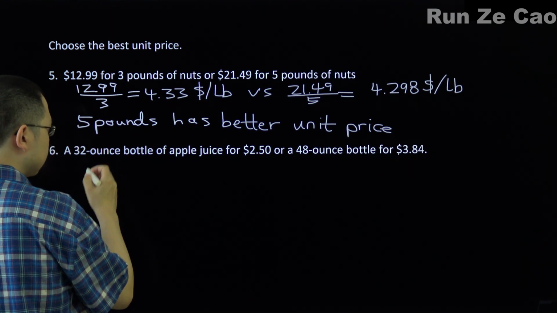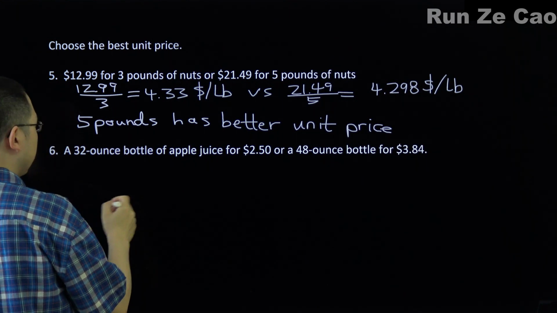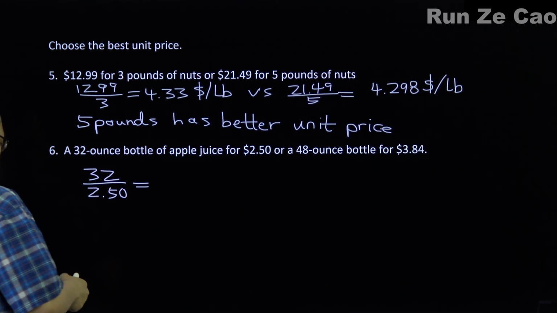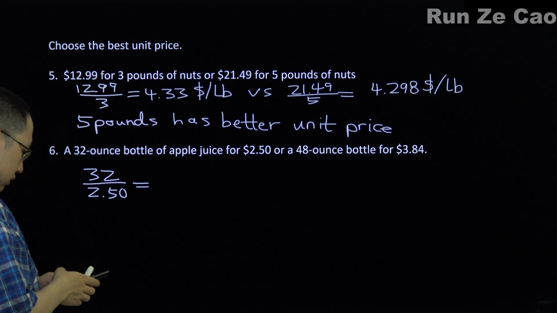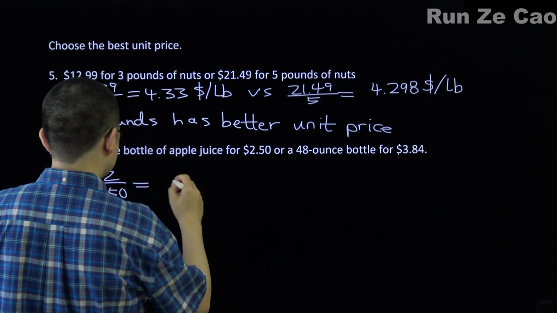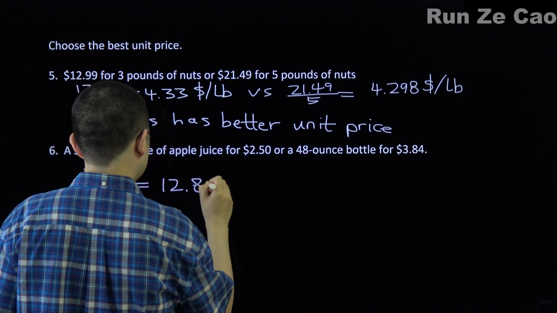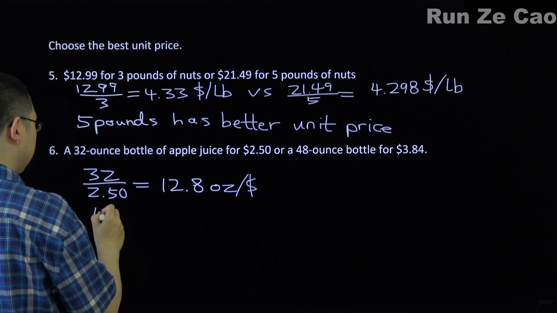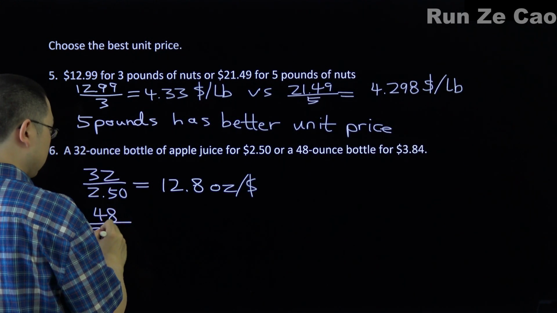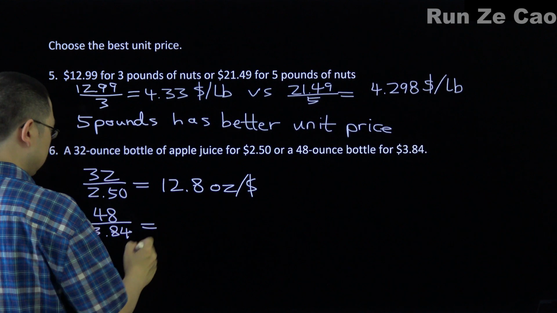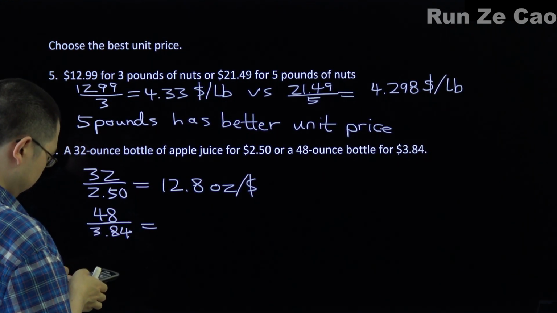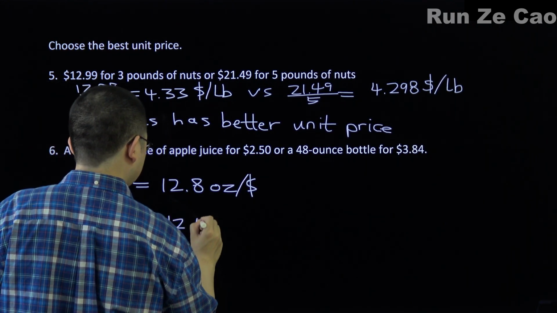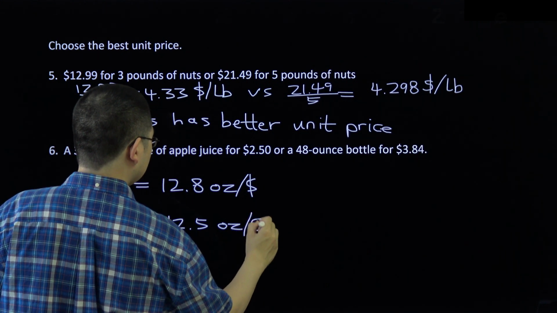Well, 32 ounces for $2.50. 32 over 2.50 is equal to, not feeling in the mood to math this out manually, so 12.8 ounces per dollar, and 48 over 3.84 is equal to 48 divided by 3.84, which is 12.5 ounces per dollar.